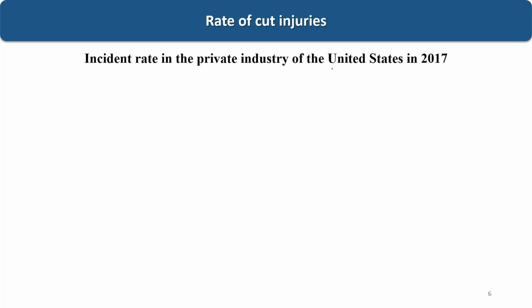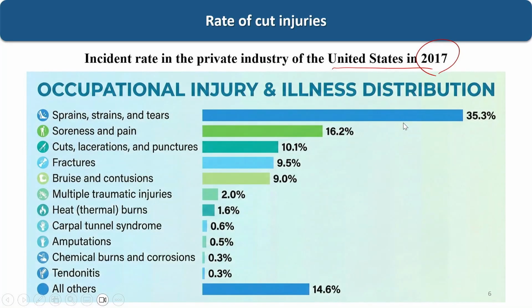In the United States, the 2017 data says different types of occupational injuries are there. If we see, the maximum occupational injuries are sprains, strains and tears, around 35%, soreness and pain 16%.